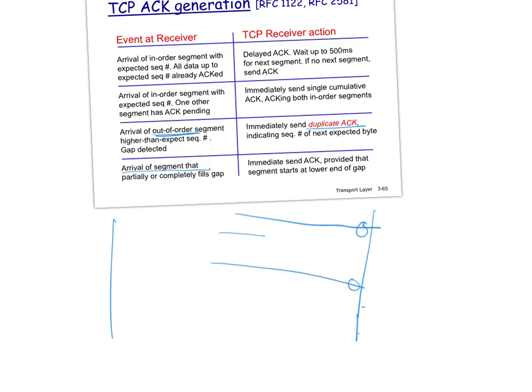I received another segment after that, so I will have to send a duplicate ACK. We know that. But after some time, I received this one. It's just that it was delayed, not lost, right? Is that clear? So after some time, I received a segment that fills a gap.